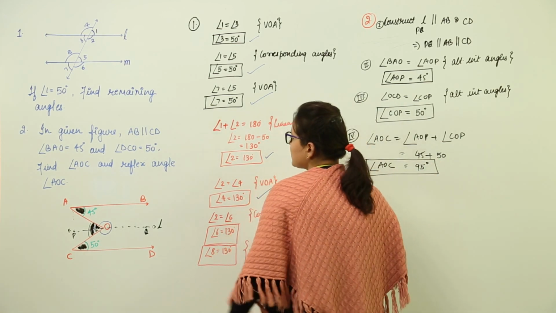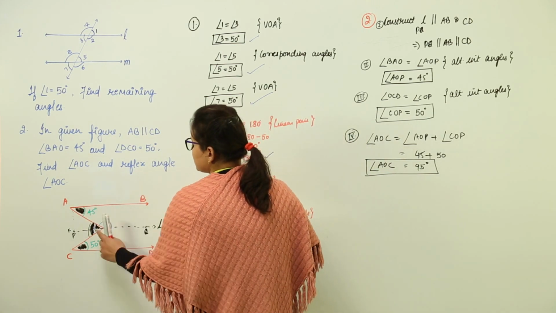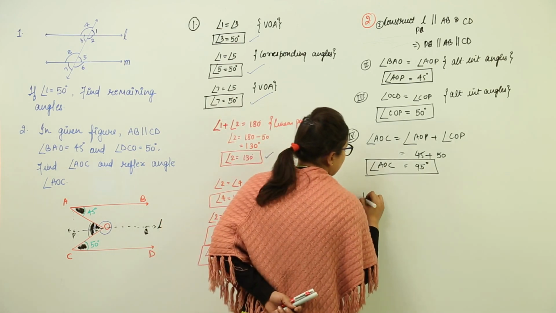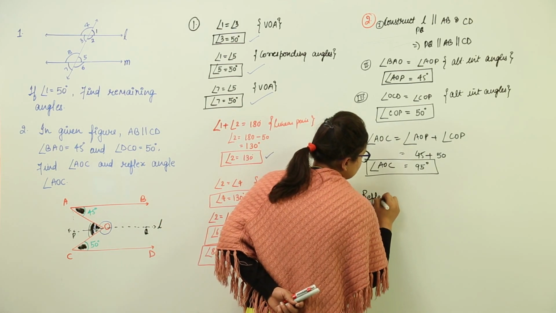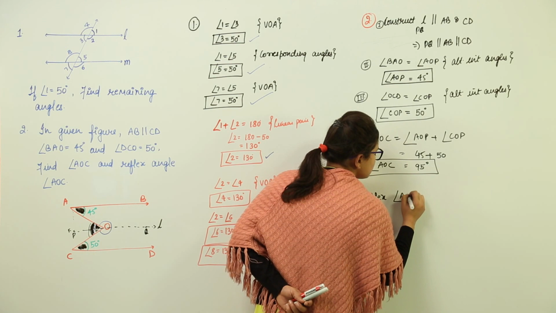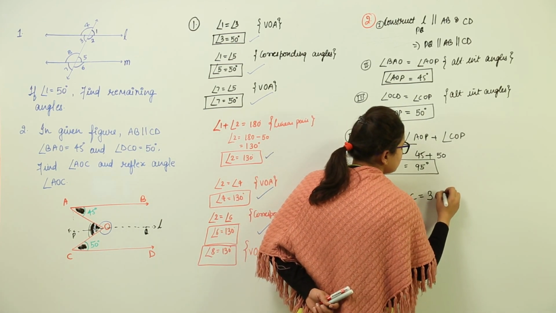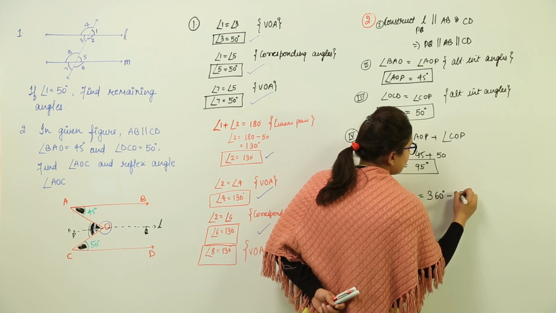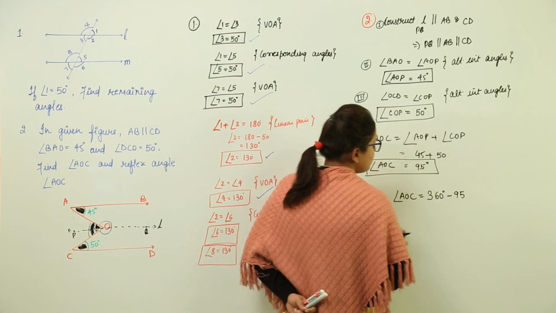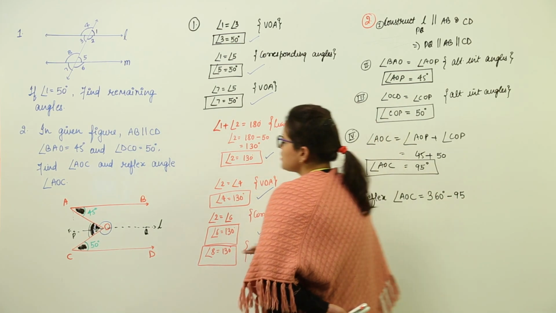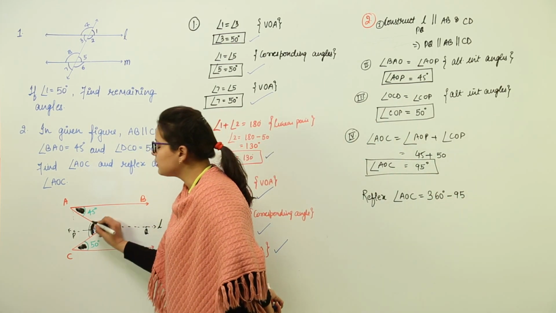What about the next angle? The reflex angle AOC. Reflex means the remaining part of the AOC. So for that we will write down reflex angle AOC would be equal to, as we discussed, 360 degrees minus 95 degrees. Now when you subtract, why are you subtracting this angle from 360? Because in total it would have formed a 360.